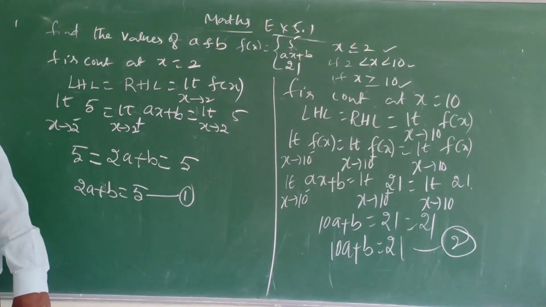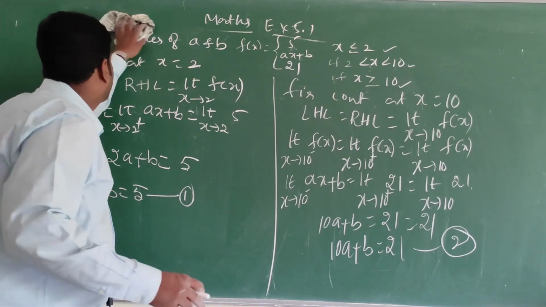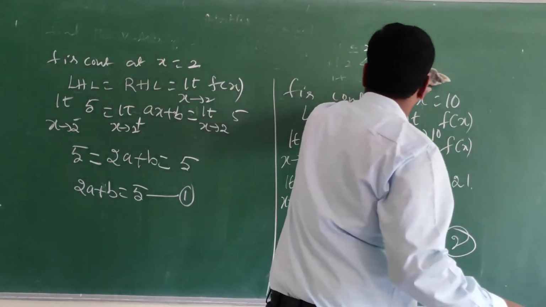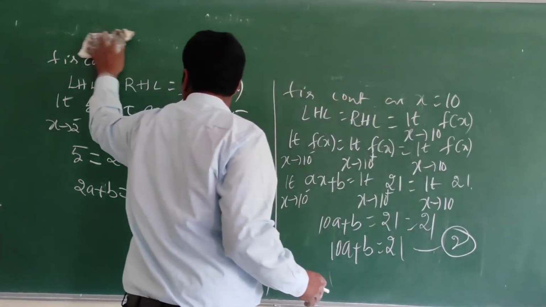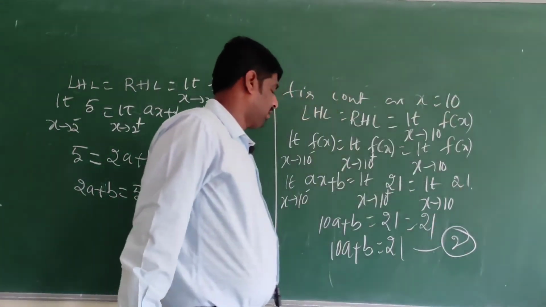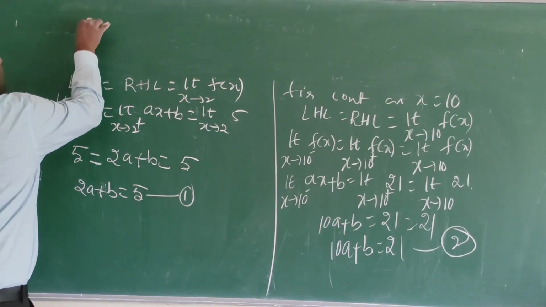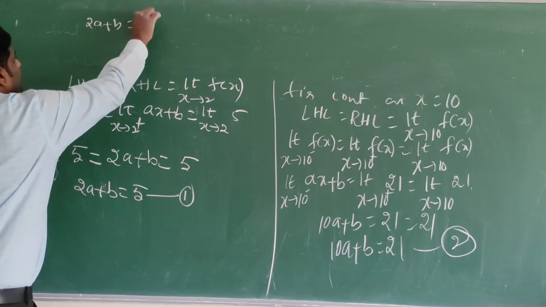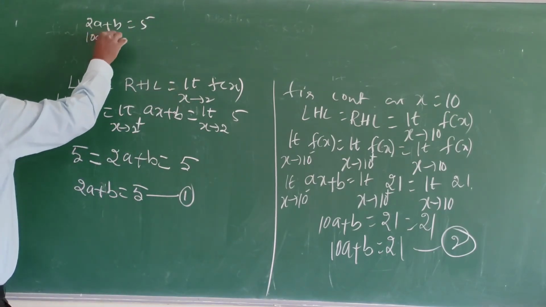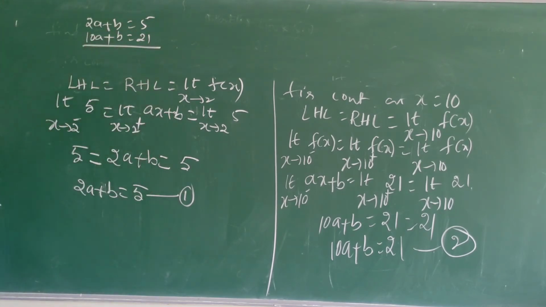Okay. Now I have to solve equations 1 and 2. I will erase the problem. Equation 1 is 2a plus b equals 5. 10a plus b equals 21.